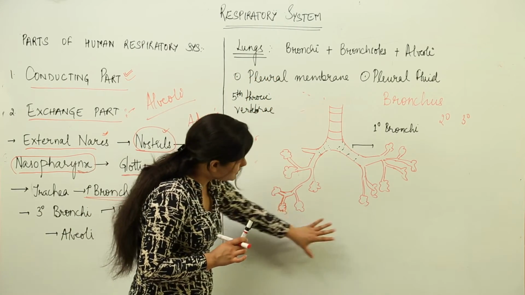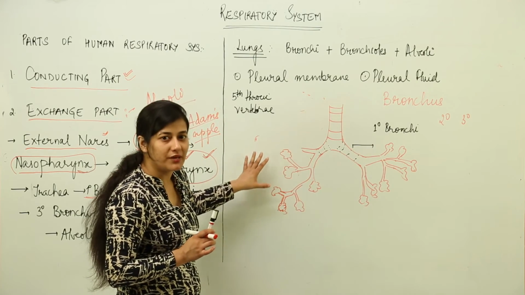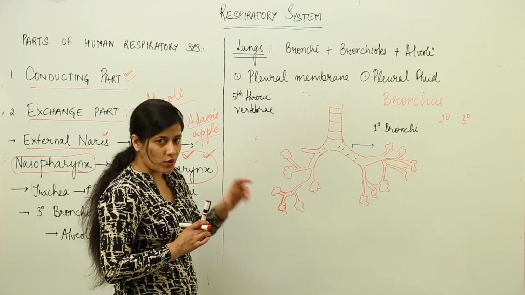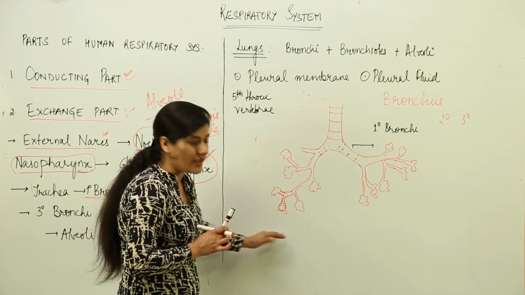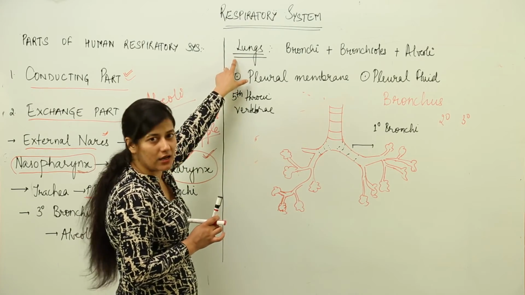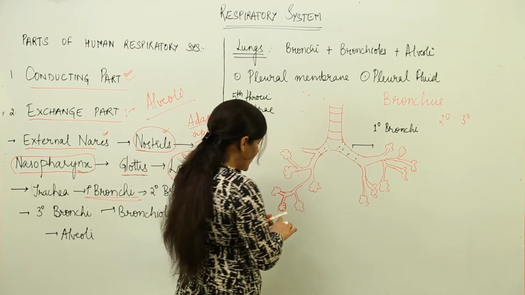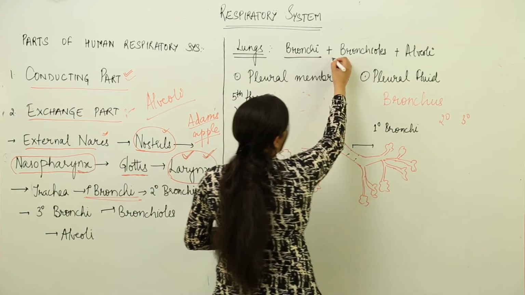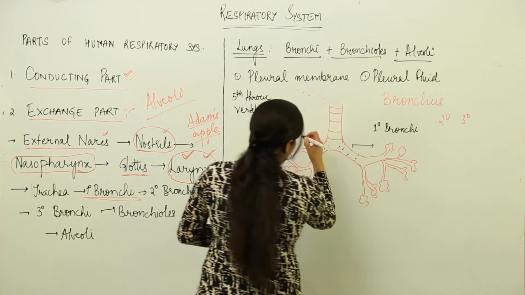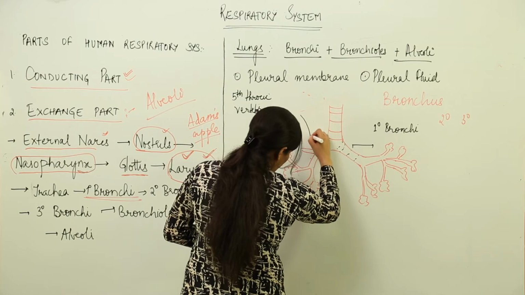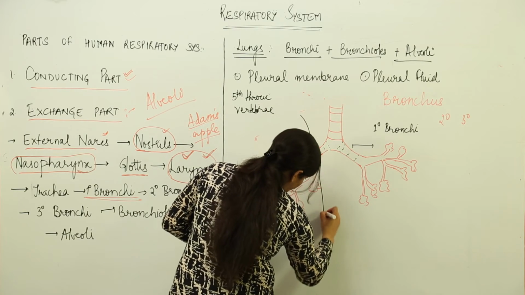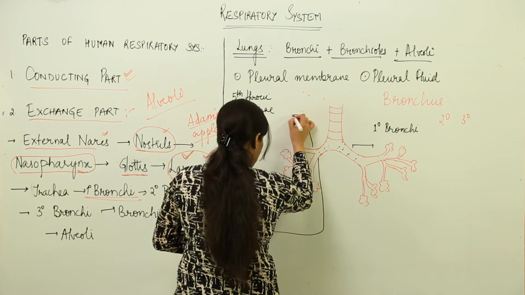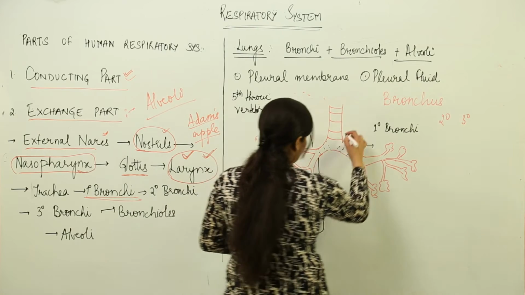So this basically is the part of the respiratory system and a very important organ inside which this entire part is located. Those are lungs. We have a pair of lungs and these bronchi, bronchioles and alveoli will become the part of lungs. So we have 2 lungs which have such sac-like structures, alright.